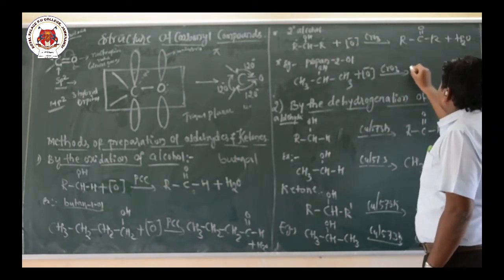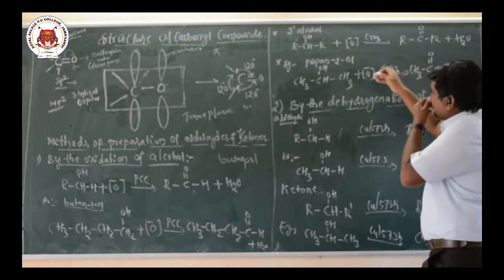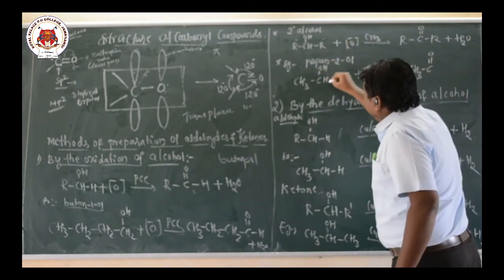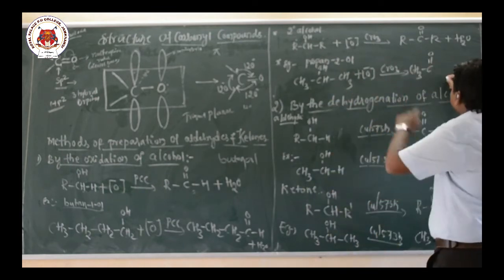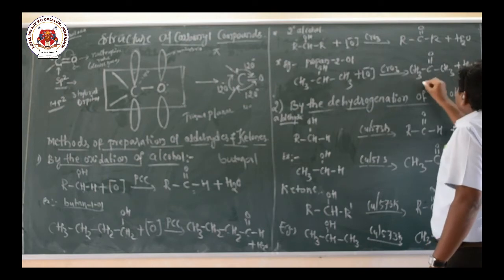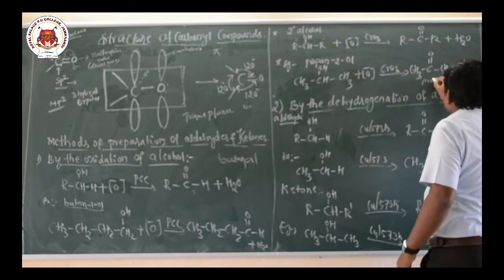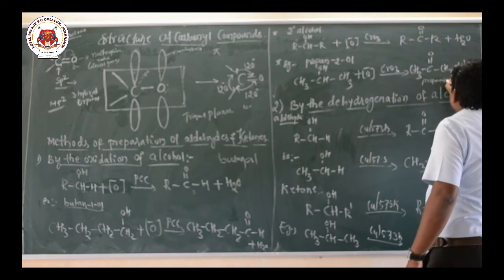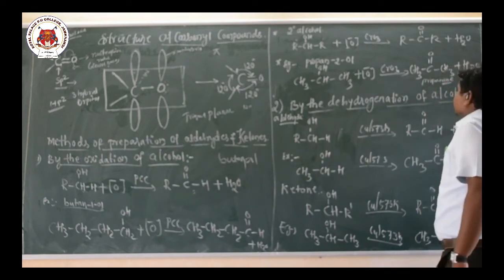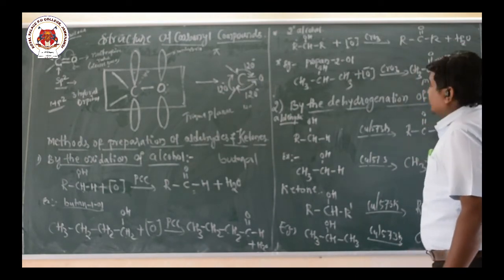After removal of water you get CH3, C double bond O, CH3 plus H2O. The name of the product is propanone, because the one suffix is used for ketones only.